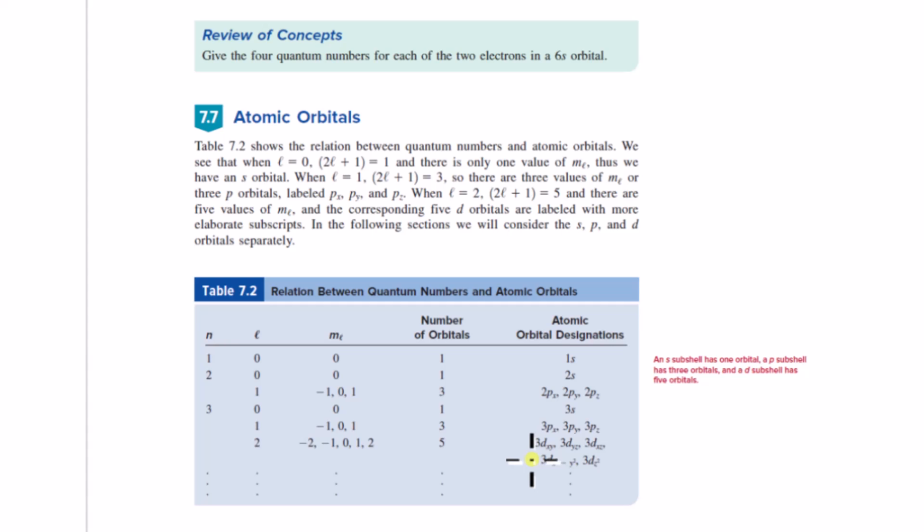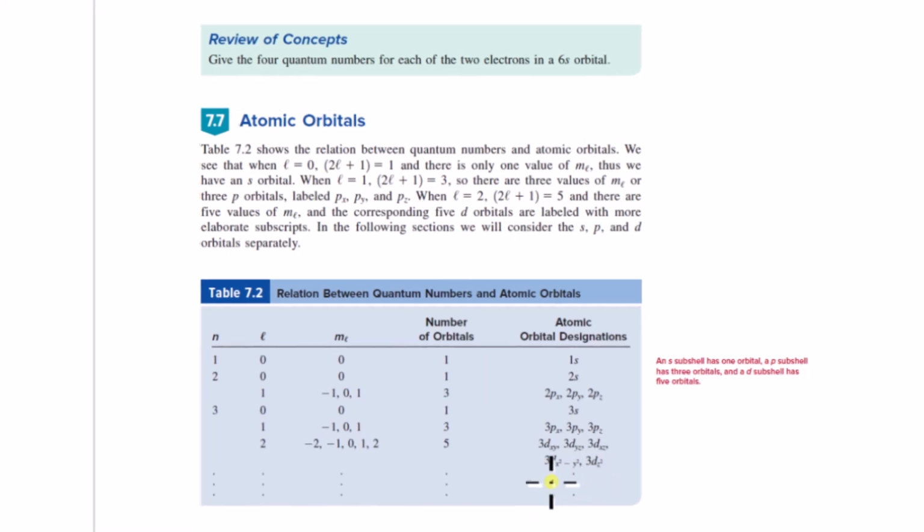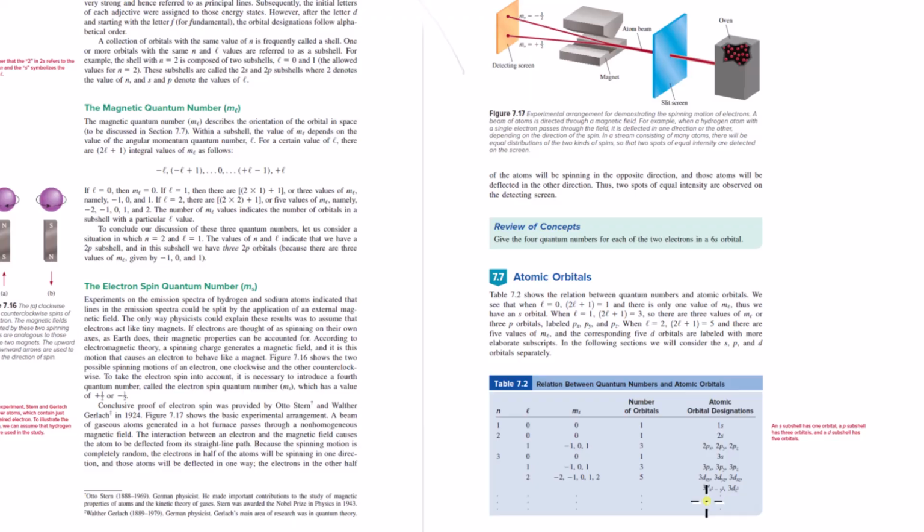And then for the d, remember, a subshell corresponds to a certain value of n and a certain value of L. So this is the 3d subshell, but you can see the subscripts they use for the d subshell: dxy, dyz, dxz, dx squared minus y squared, dz squared. And we'll get a sense for what these subscripts mean in a second.